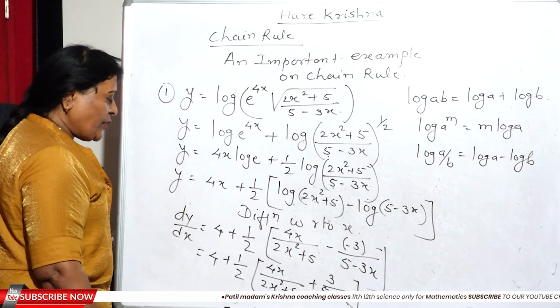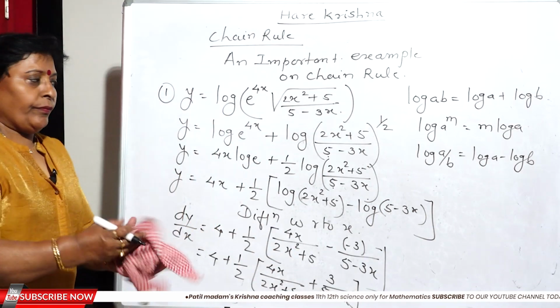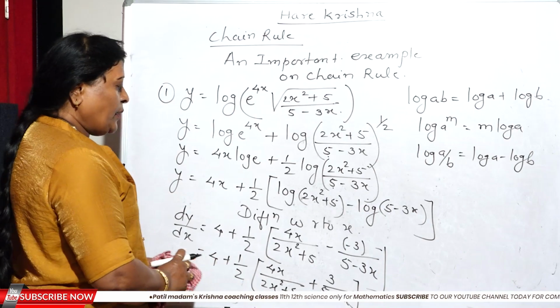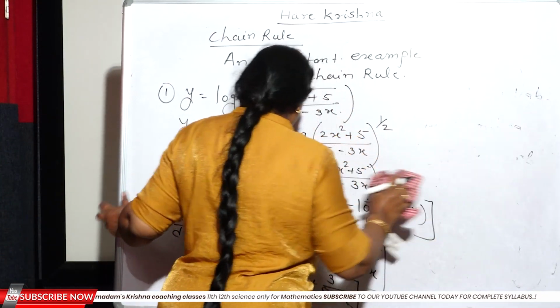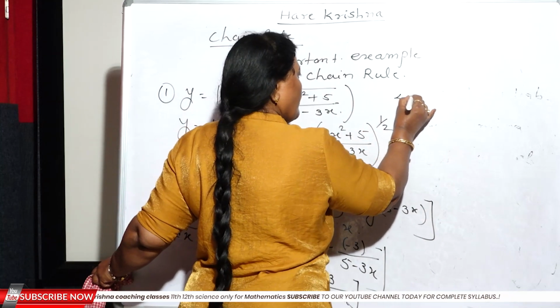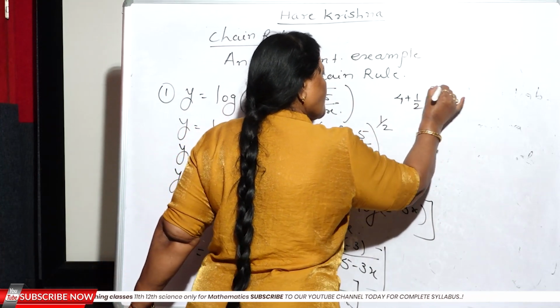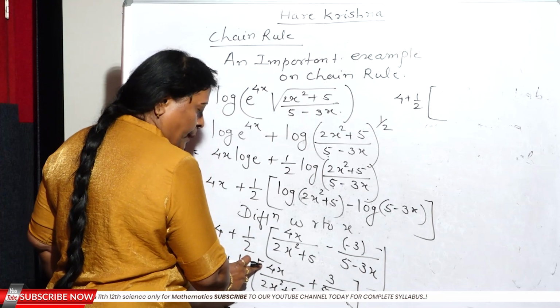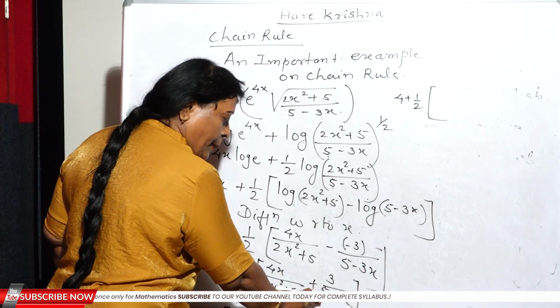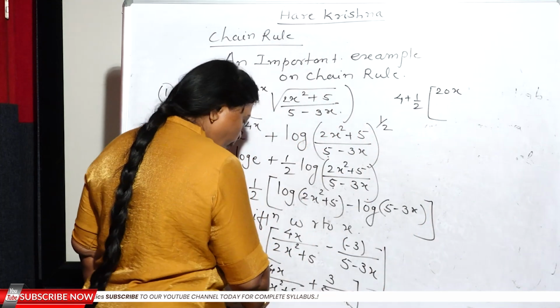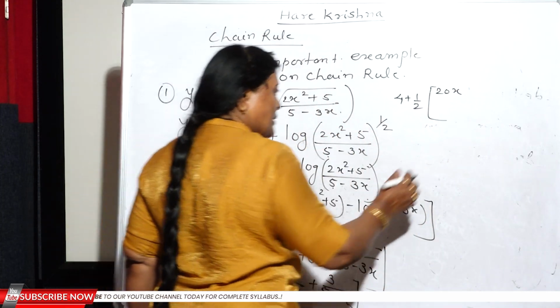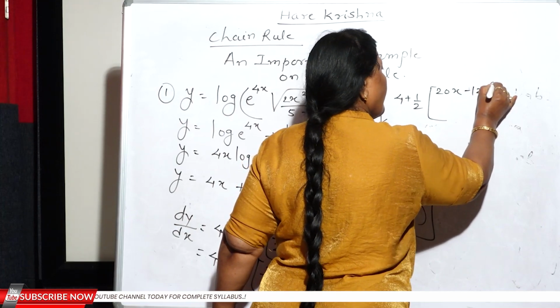Now, this is the addition of two fractions, so you can simplify this also. See, you can simplify. That is 4 plus 1 by 2. You can make the cross multiplication. With this 4x you can multiply it here. 4x into 5, that is 20x. 4x into minus 3x, that is minus 12x square.